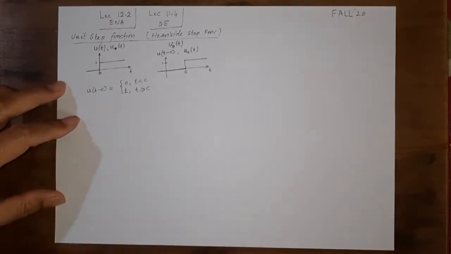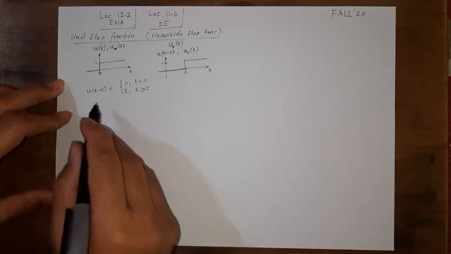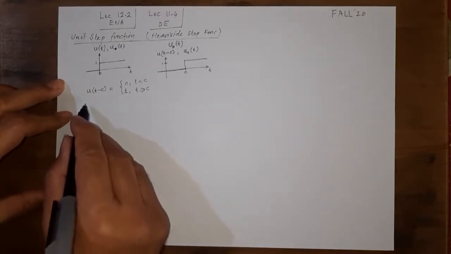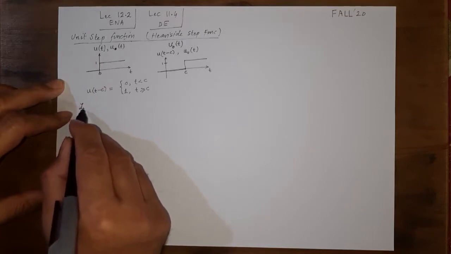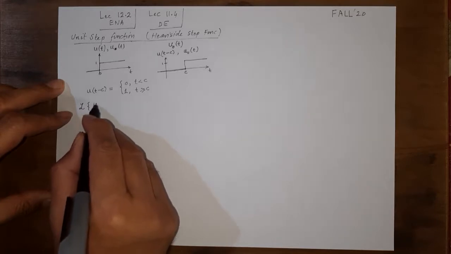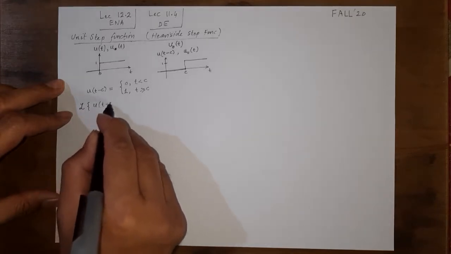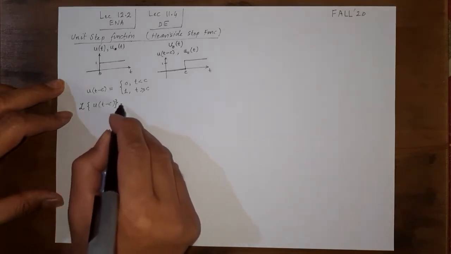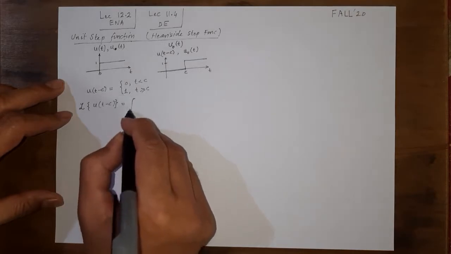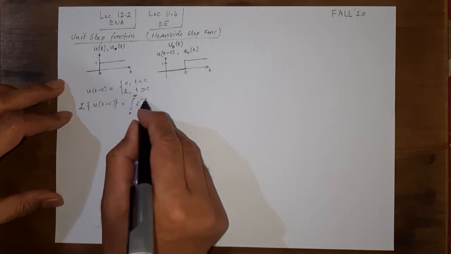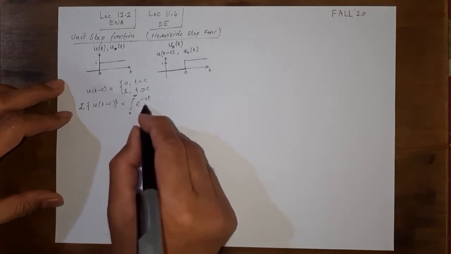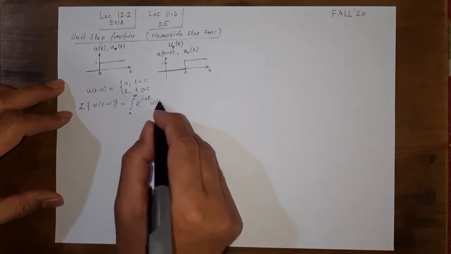Since we are studying the Laplace transform, let us find the Laplace transform for this function. The Laplace transform of u(t minus c), by definition, is the integral from 0 to infinity of e raised to the power minus st multiplied by the function.